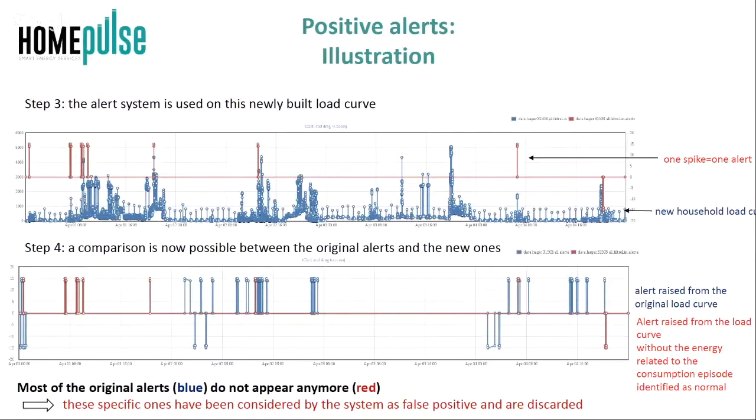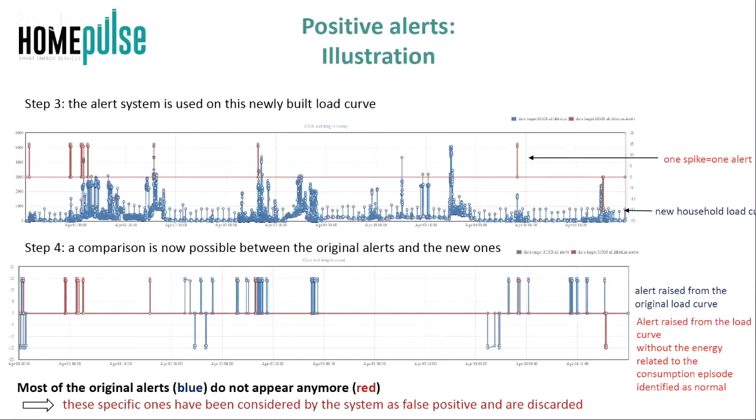So we have a whole new set of alerts which has been raised. We can see them on the first figure in red. And what we can do at the very last is compare the two sets of alerts: the first set of alerts from the original curve, and the second set from the curve without the well-identified consumption.